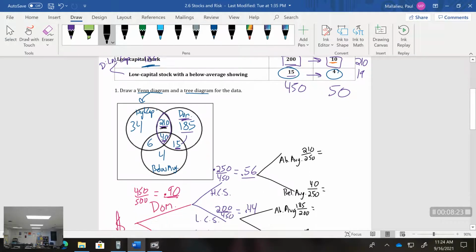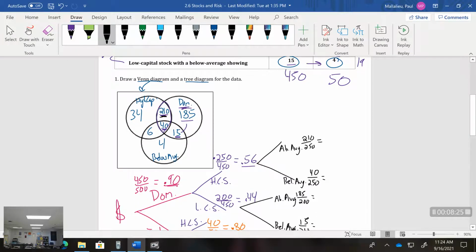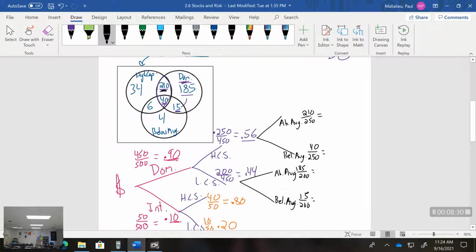And then same general concept, except this one's straightforward. They tell us that 40 are below average, and that's out of 250 as well. So when we divide those, we would round up and get 0.08 that are going to be below average. Oh, excuse me.